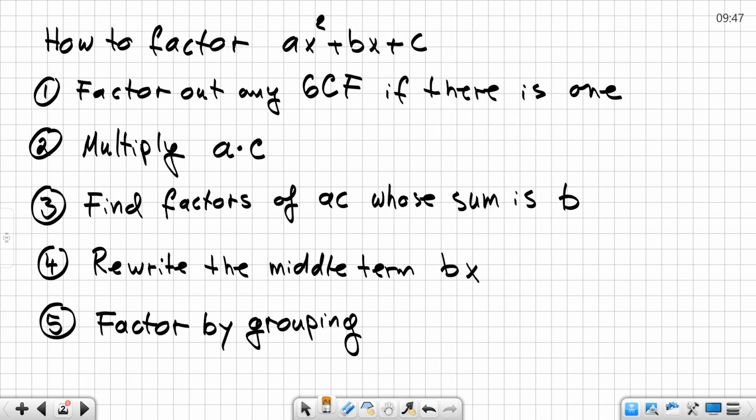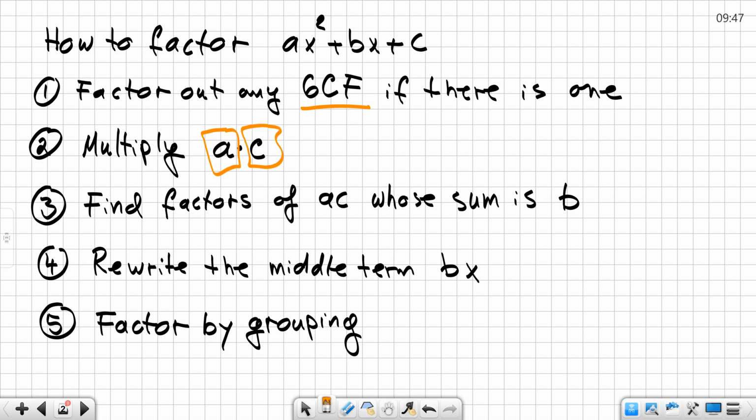How to factor ax squared plus bx plus c. The first thing, we look for a GCF, if there is one. If there is one, you factor this out. Next, if there is none, like in our last example, I'm going to multiply the leading coefficient with the constant.